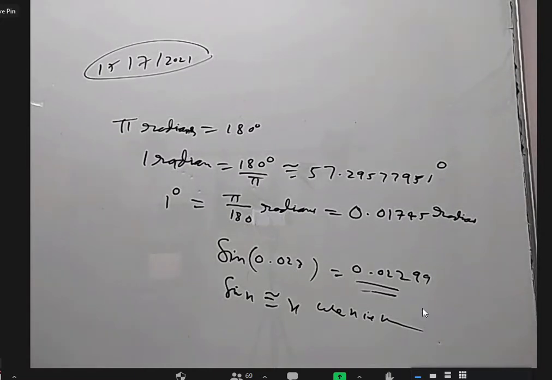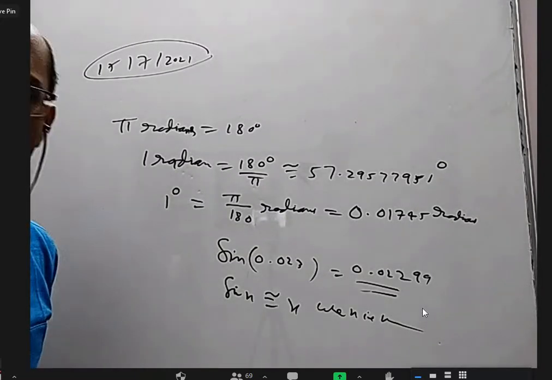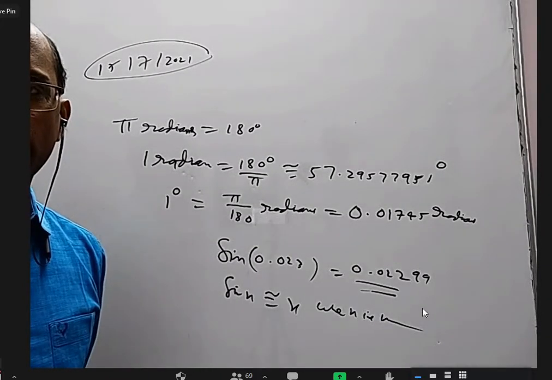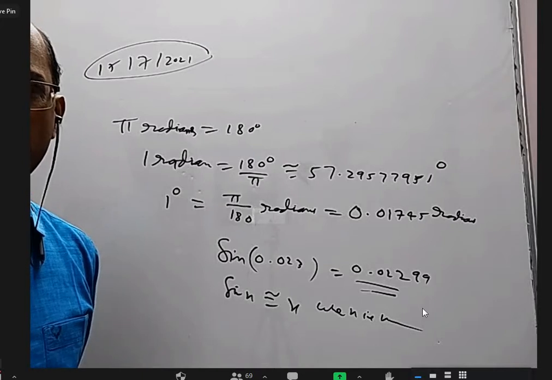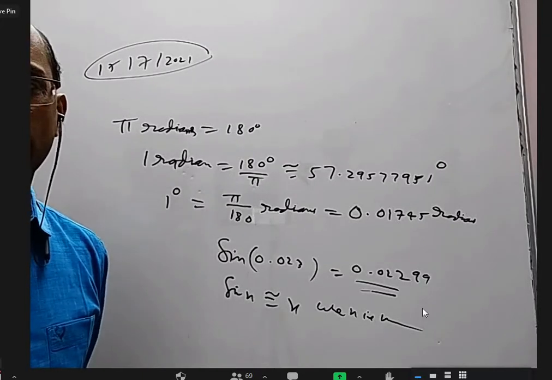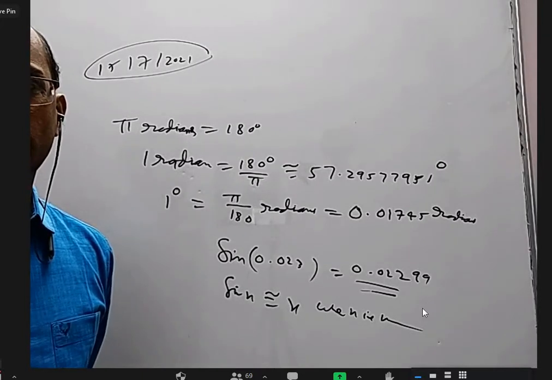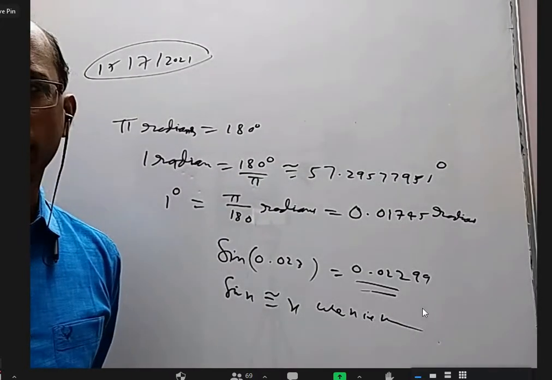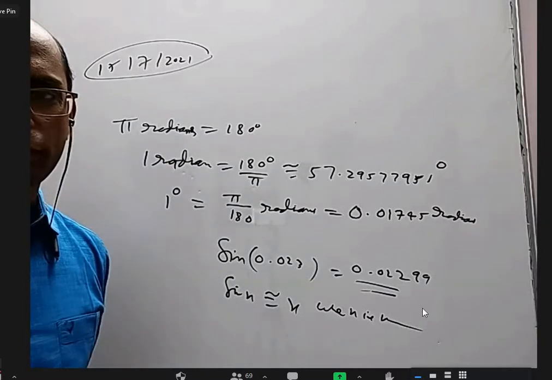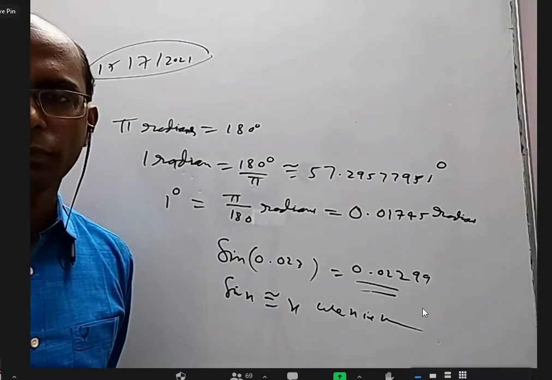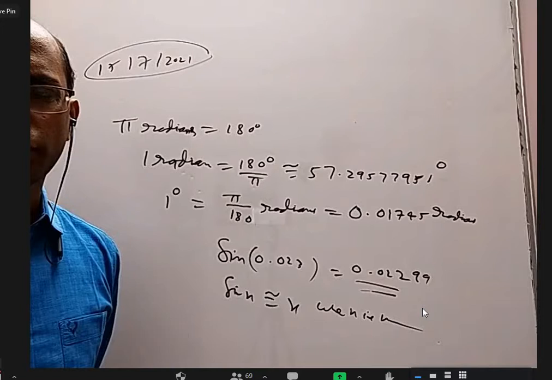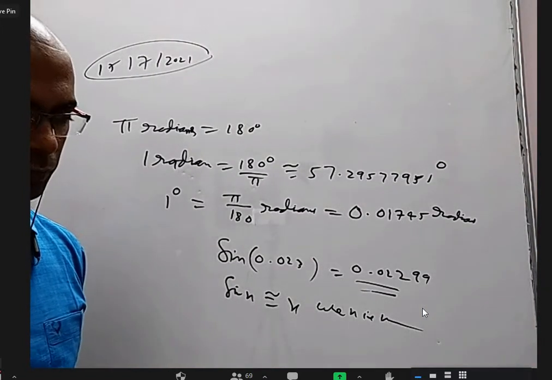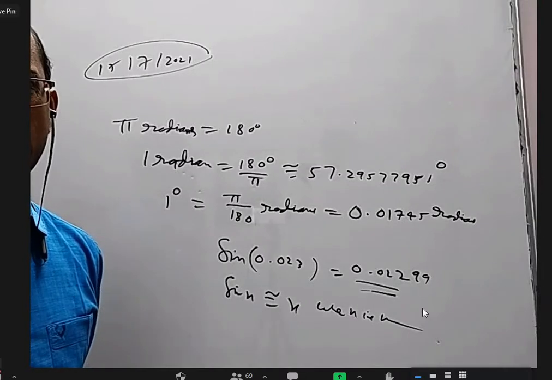Sir, because sine theta means we will rotate along the axis by theta, and if we take it in radians, then the arc length will be equal to the radius.